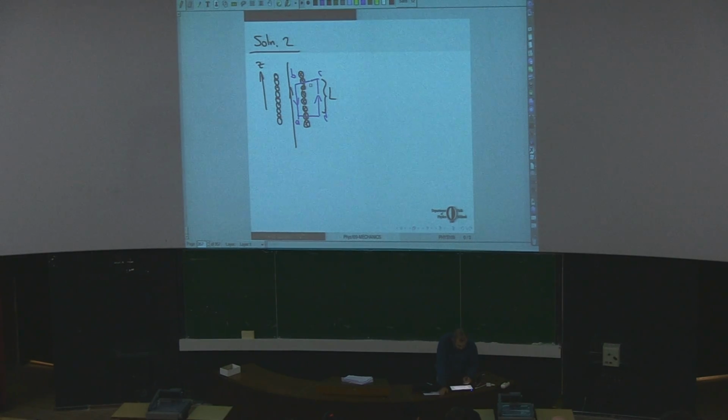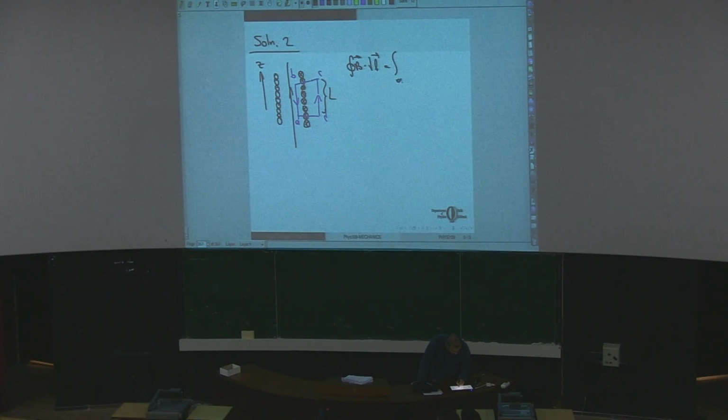Now again, let's calculate B dot dl. Again, I will divide it into various parts.